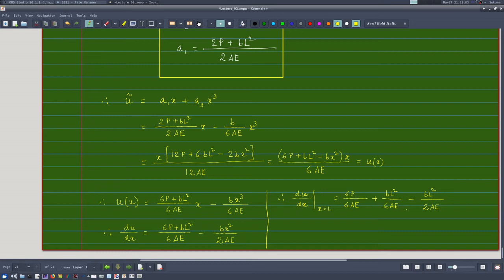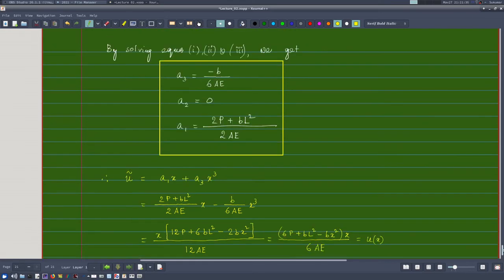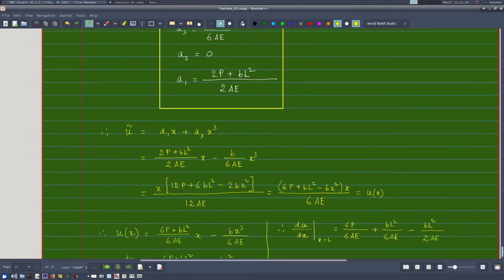I think I have committed some mistake, maybe. Let us see. 6p. a1 is twice p plus bl square by twice ae, fine, and a3 is minus b, just a minute, minus b by 6ae.